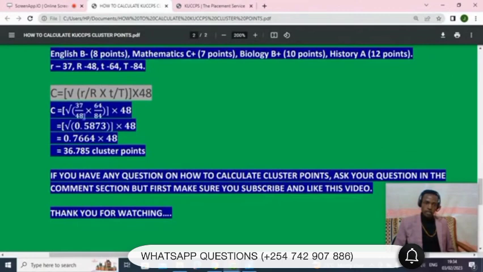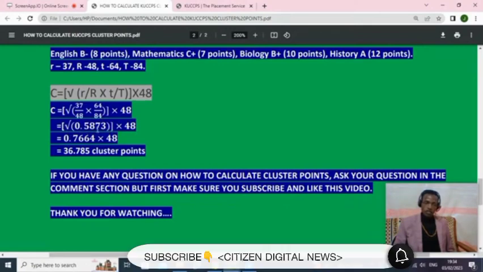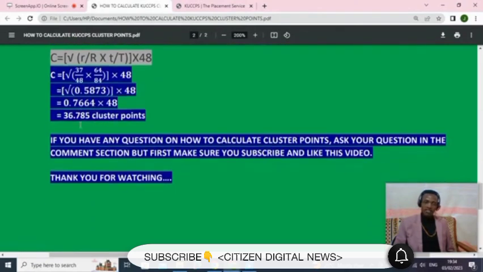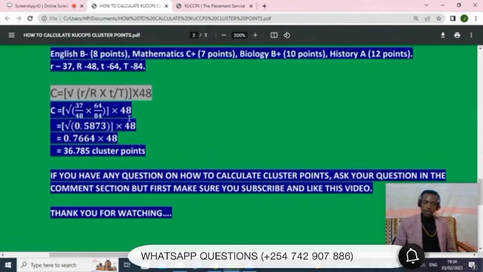Therefore, 37 over 48 multiplied by 64 over 84 is equivalent to 0.5873, multiplied by 48. Therefore, the square root of 0.5873 multiplied by 48 is equivalent to 6.785 cluster points. So that is how we calculate cluster point simply.